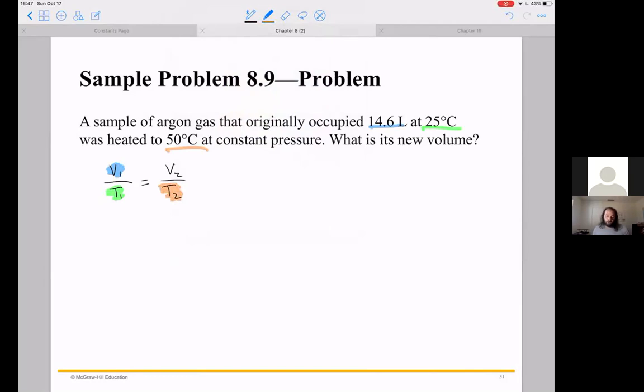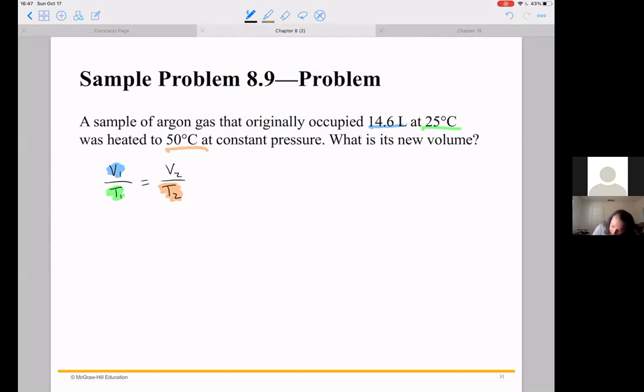Now, we derived these from the ideal gas law. So there's an extra step that we have to do with this temperature. What is that? And that is to convert to Kelvin, okay? You cannot use the ideal gas law or any of these gas equations. Anytime you're talking about gas, make sure you convert to Kelvin.